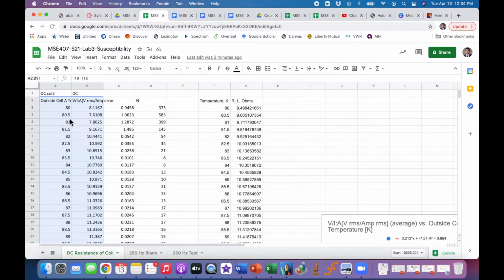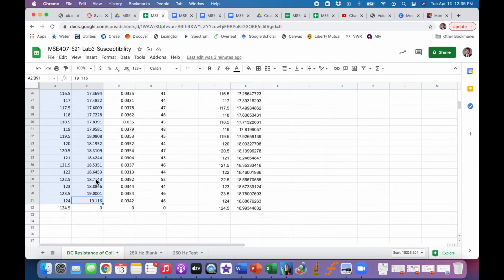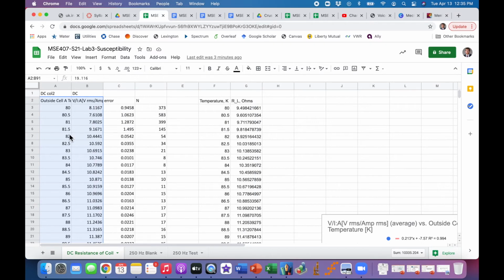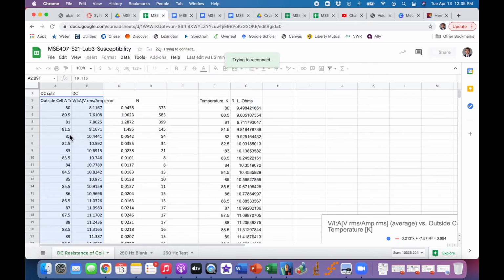So it doesn't actually record points only at 80 and then 80.5. We take all of the data that's given to us and then bin it or divide it into these half degree temperatures. And in the process of doing that, we end up getting a 0 for the last point. But this just makes it easier to adjust everything that we have.